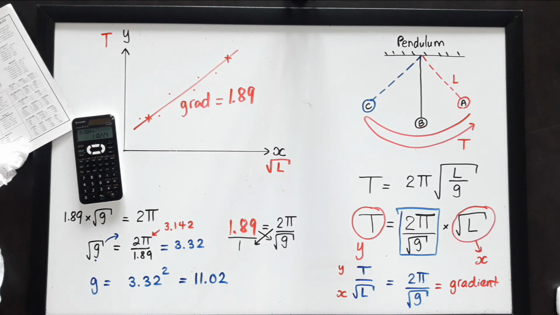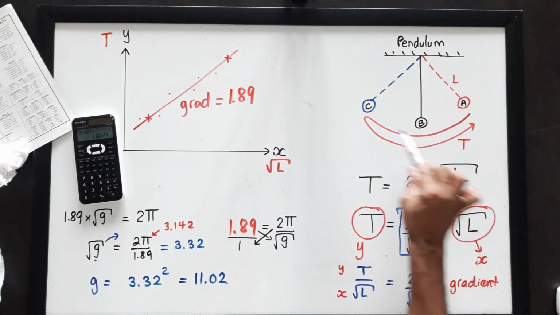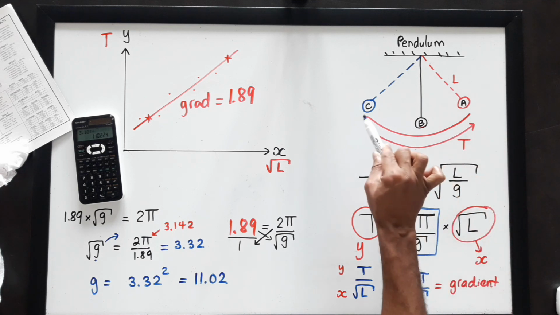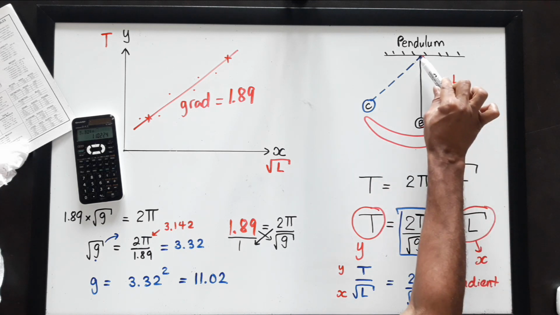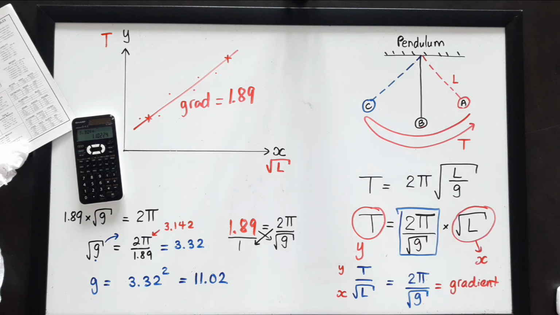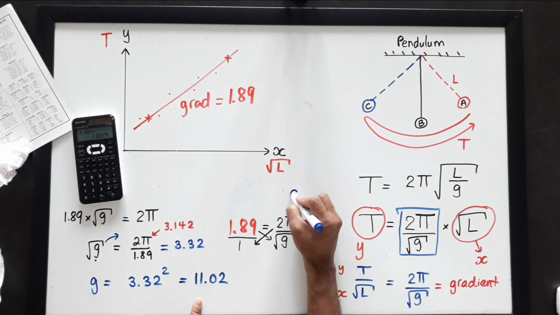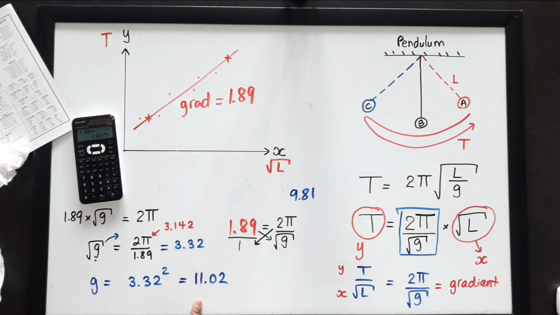Now remember, this is an experiment we did. Now when you're doing the experiment, there are always going to be slight errors. Like you might not have timed it properly, you might have measured the length a little bit off. So for this particular experiment, I got the gravity on Earth to be 11.02. The real value is supposed to be, like I said, 9.81 if I'm not mistaken.